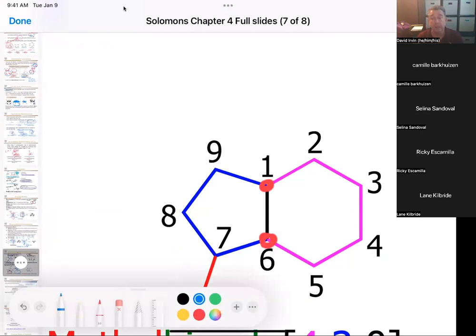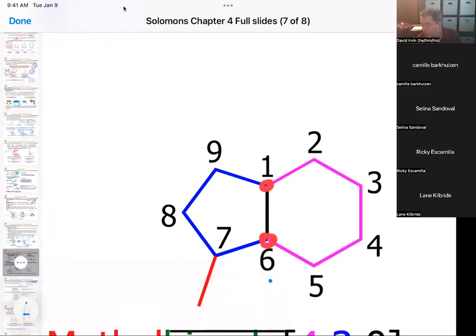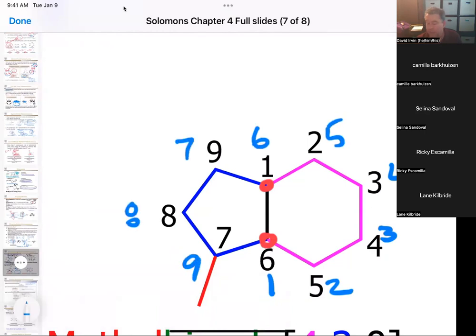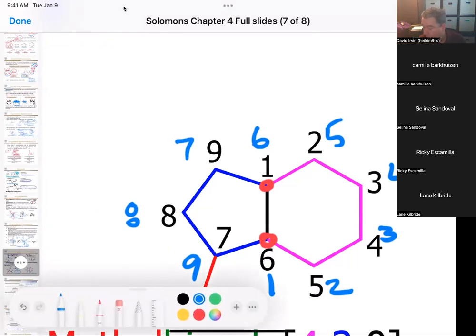Now here we actually need to label around the system one way versus the other, because if we started here and labeled this 1, 2, 3, 4, 5, 6, 7, 8, 9, our substituent would be on a higher number than if we labeled it the other way. So we don't want to do that.